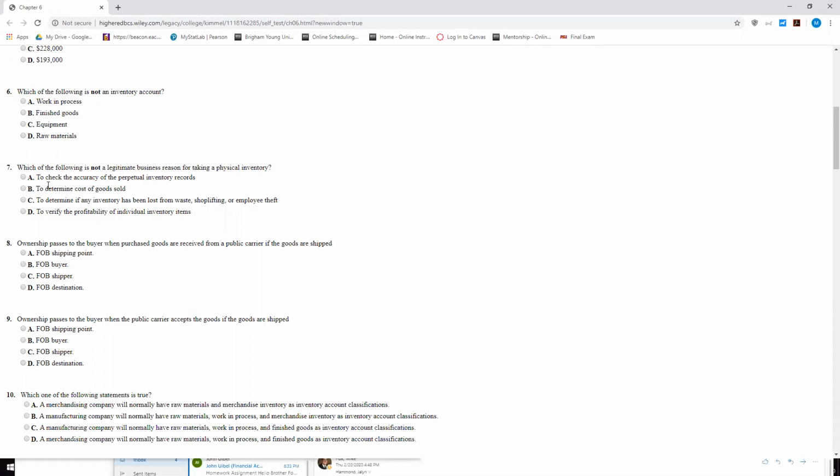Let's see. To check the accuracy of the perpetual inventory records, that's pretty legit. Determine the cost of goods sold in a periodic system. Determine if any inventory has been lost from waste, that's normal. And to verify the profitability of individual inventory items. This is a dumb question.